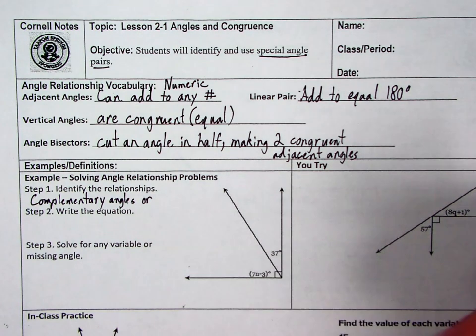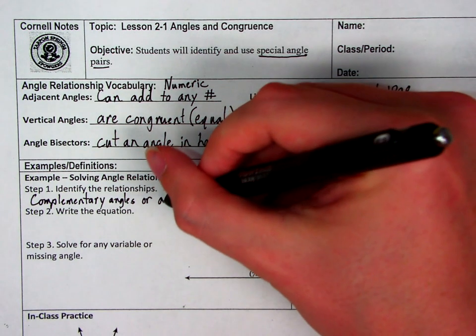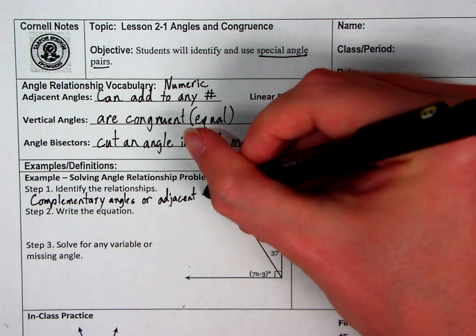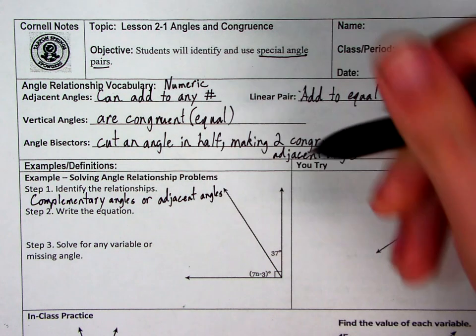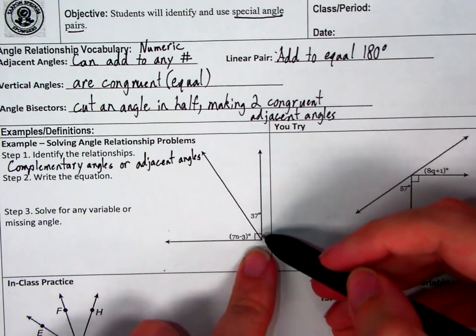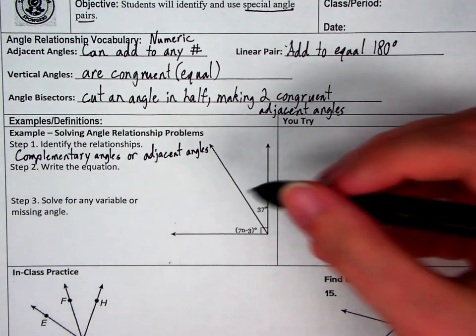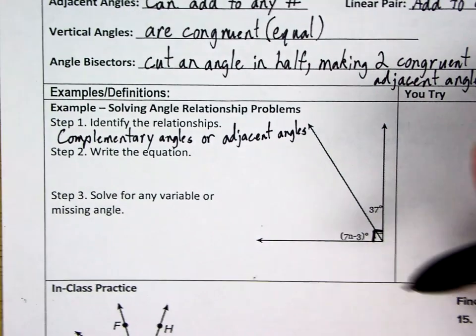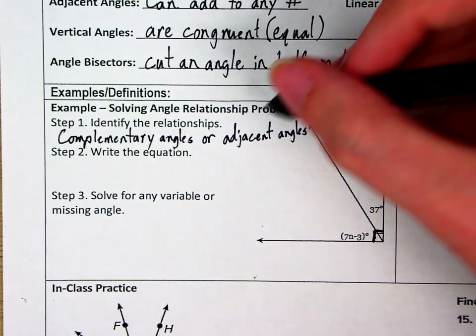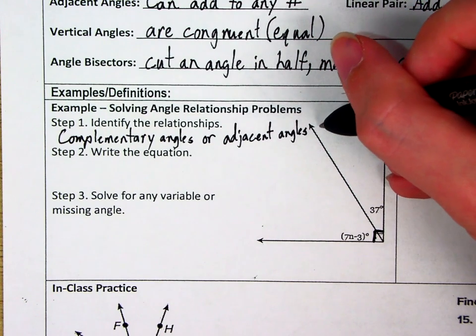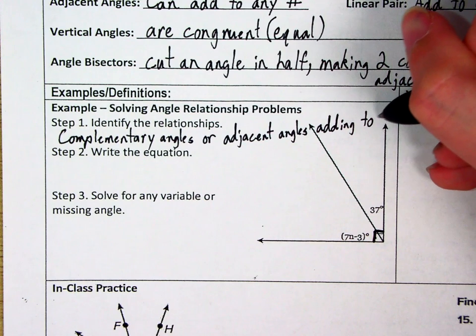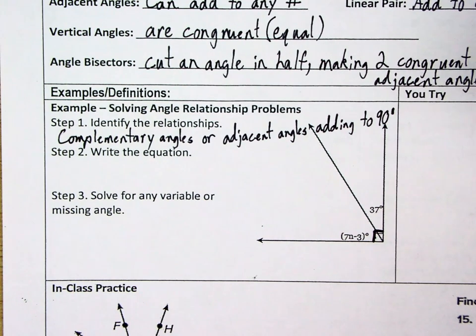They are at least adjacent angles. And because we see this square in the bottom of our picture, we know for a fact that they're making 90 degrees. Adjacent angles adding to 90 degrees. So we'll write the relevant equation.